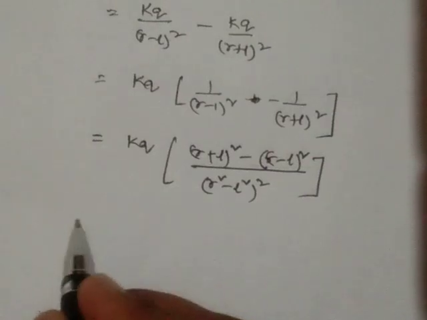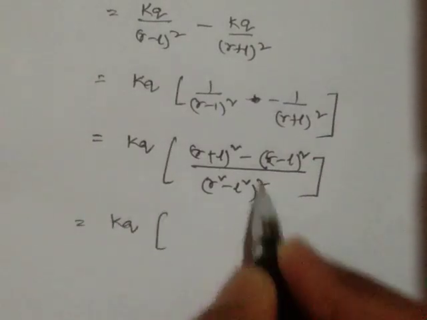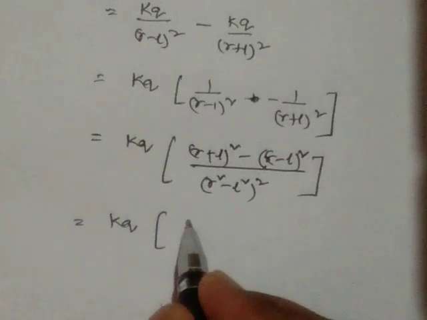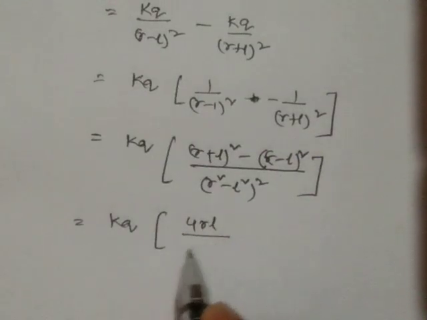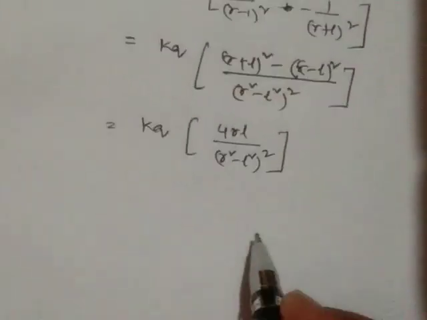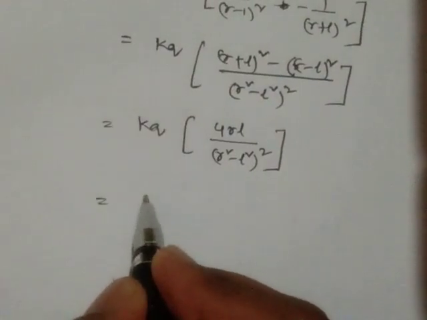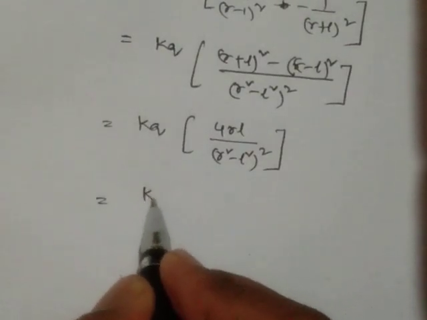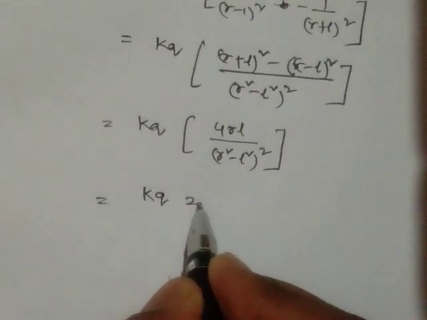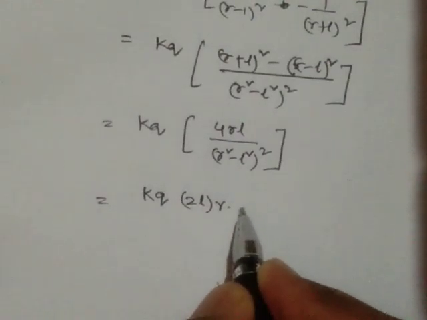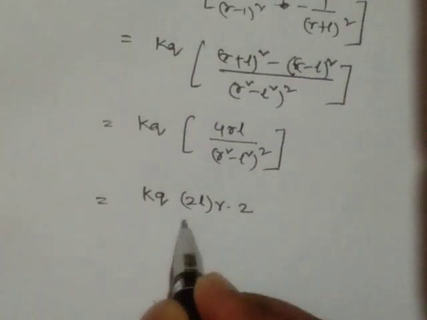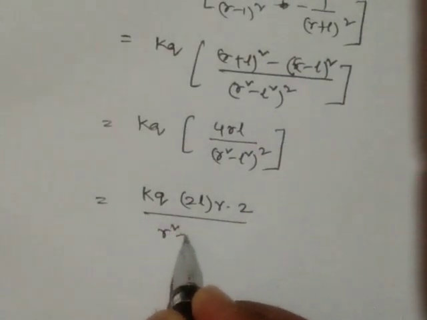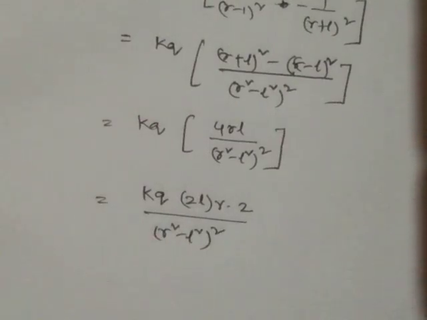This implies kq times, and you can do it on your own, the end result is 4rL by r square minus L square whole square. Since k is 1 by 4 pi epsilon naught, this can be written as k q into 2L into 2r by r square minus L square whole square.